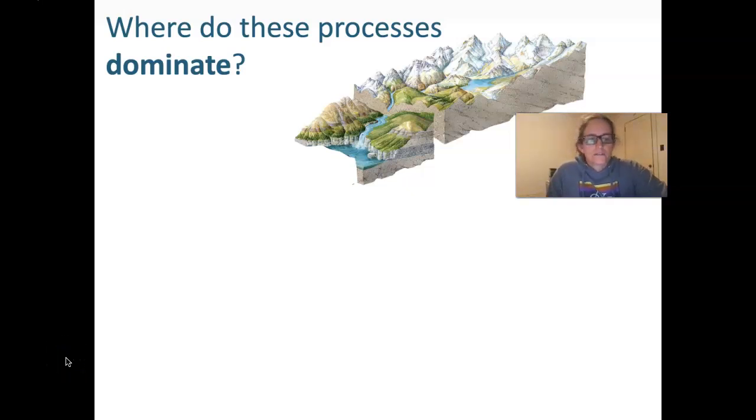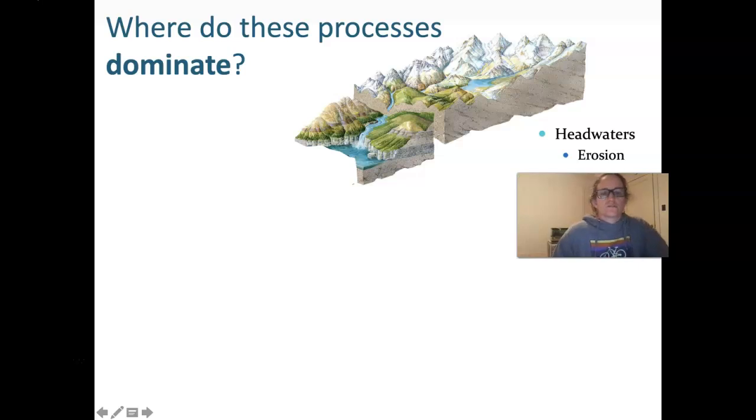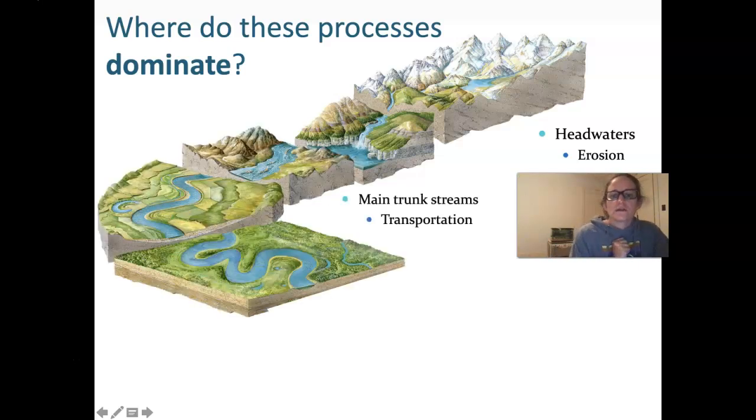Okay, different parts of a stream from the headwaters to the mouth of the stream are going to have different processes that dominate. So up here at the top, in the headwaters, there's going to be mostly erosion.